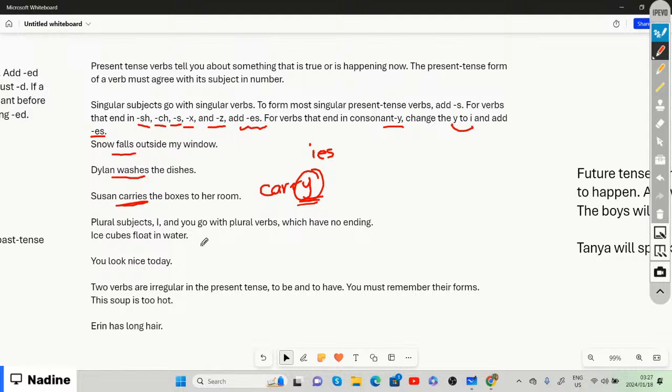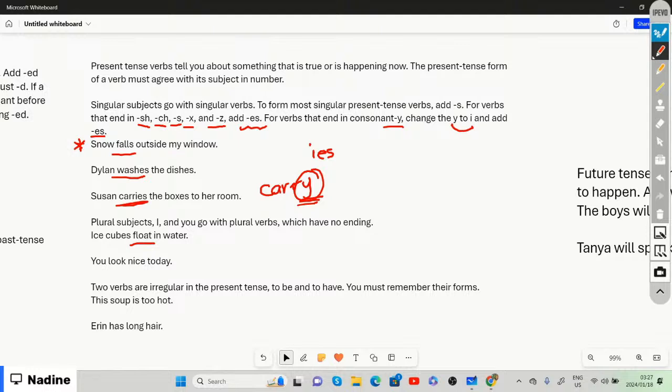For example, ice cubes, which is more than one, they float. So we don't say ice cubes floats. Ice cubes float in water. Remember, ice cubes are countable things. It's things that you can count. Because if you look at this word, snow, you're asking yourself, but snow is a lot, right?